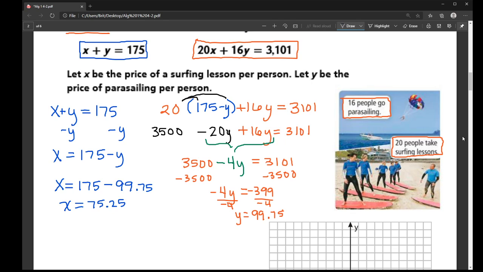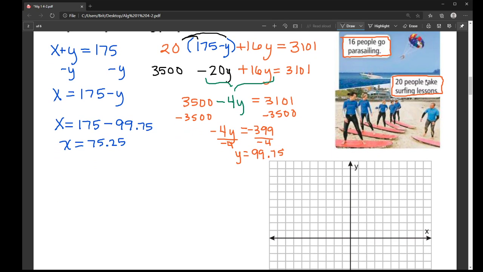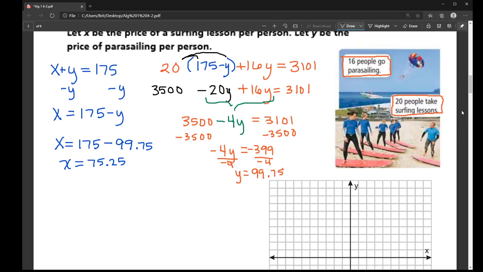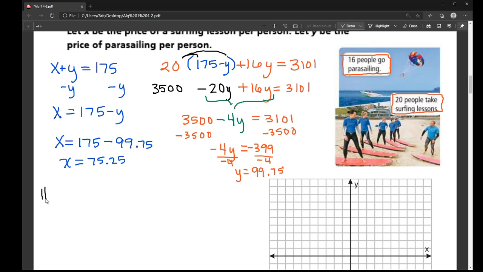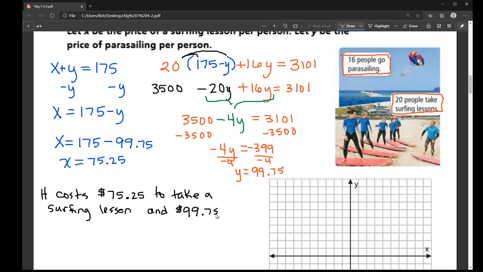Now remember, with word questions, you usually want to answer with word solutions, so I'm going to write a sentence explaining this. It costs $75.25 to take a surfing lesson, and $99.75 to go parasailing.